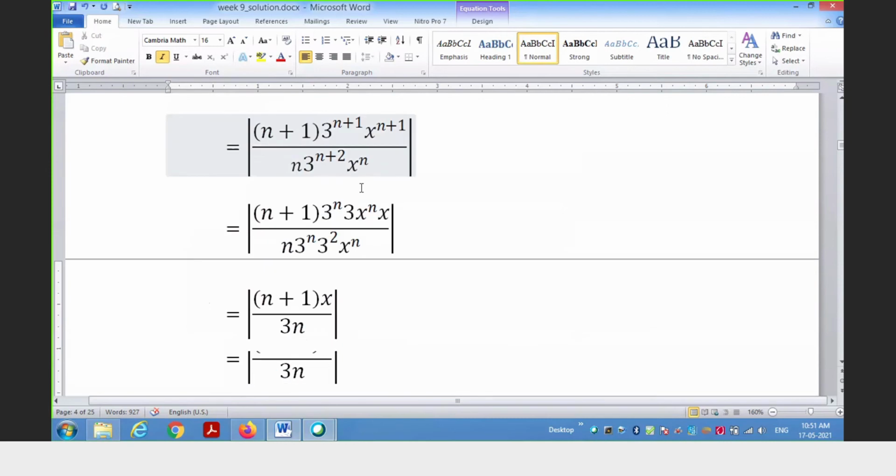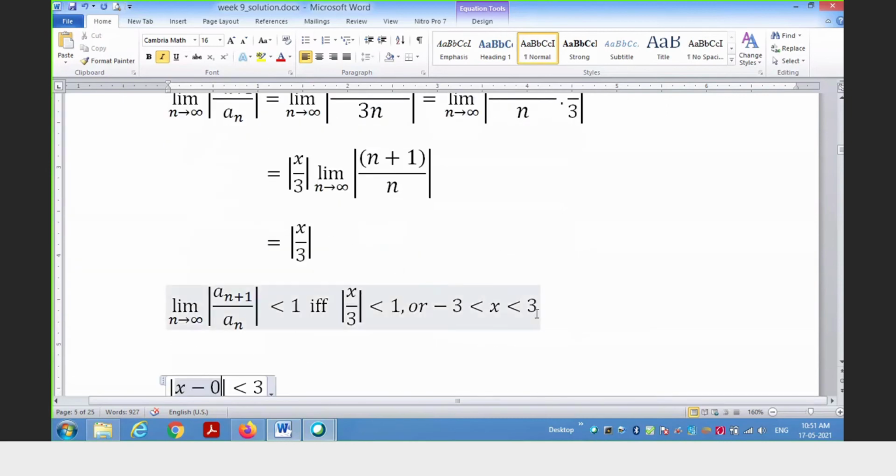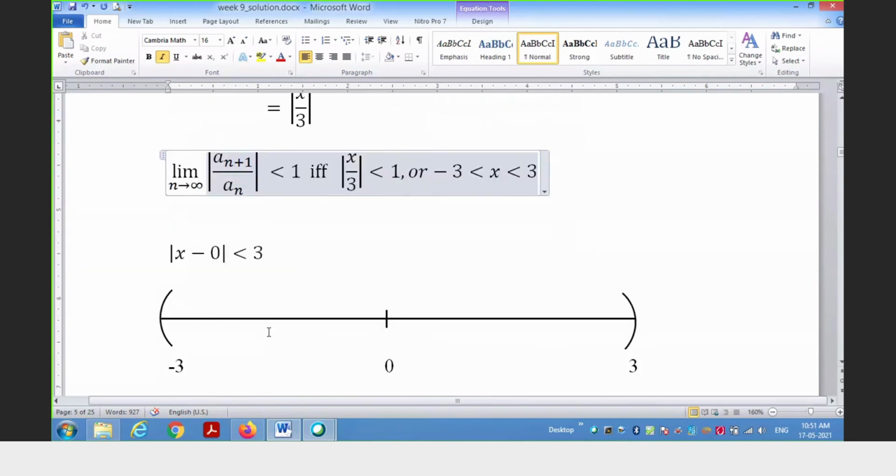Okay, when x equals 4, 4 is no longer in this radius, so the series will diverge. Only when x is between minus 3 and 3 will the series converge. Outside this radius of convergence, the series will diverge.